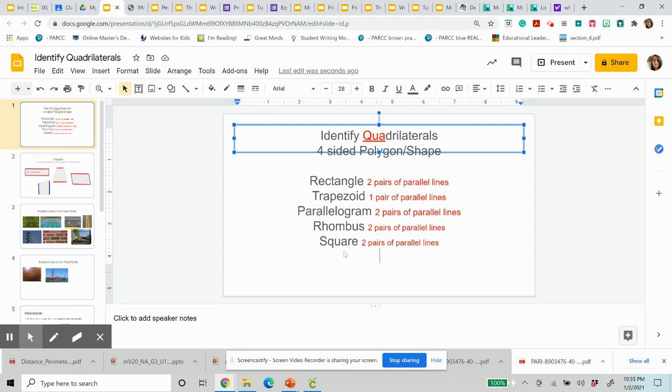What makes a rhombus not a square, right? Remember, the square has 4 right angles. The rhombus has 2 baby angles and 2 big angles, right? And they're opposite of each other. And then the parallelogram has 2 sets of parallel lines. Okay.